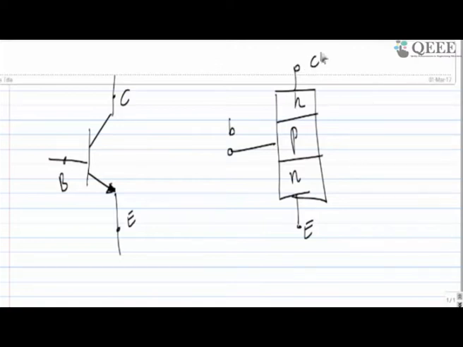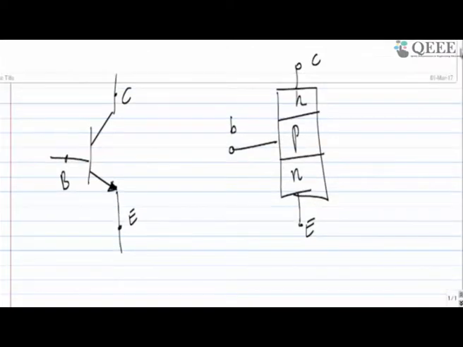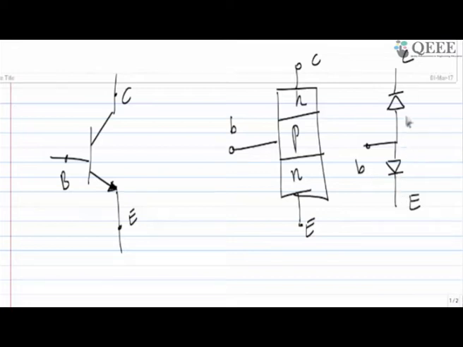So effectively there are two junctions we can see. One junction goes down towards the emitter, one is towards the collector, and we define them as the base to emitter junction and the base to collector junction.